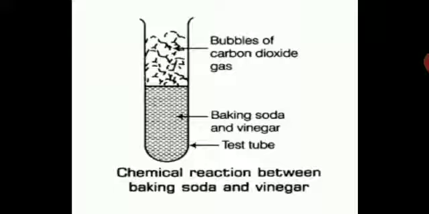At home you can try it: in a small glass, take some vinegar, add baking soda, and you will see lots of bubbles of carbon dioxide gas come out. The reaction is similar to when you add Eno to water. You can see lots of bubbles of carbon dioxide gas coming out. So this is the reaction.